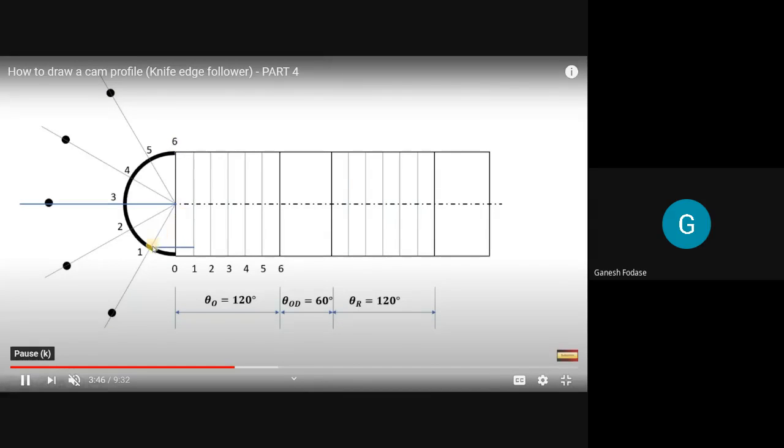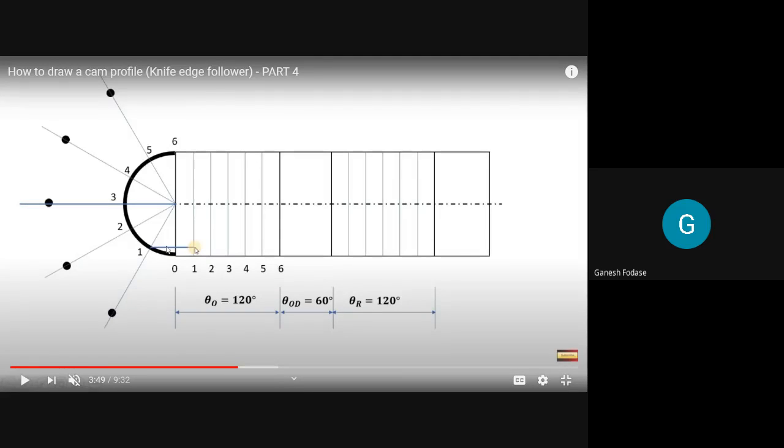Next step. Observe what we are doing. I consider 0 to 6 here for rise, so on this I give names 0, 1, 2, 3, 4, 5, 6. That's why the number of divisions must be the same. After that, I will take projections from 1, 2, 3, that is, horizontal projections from the points on the semicircle.